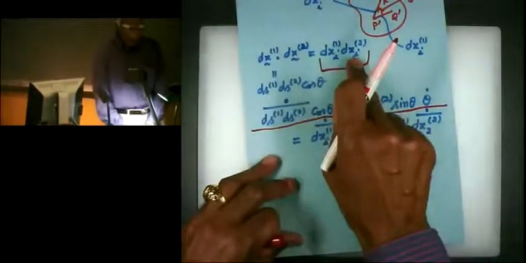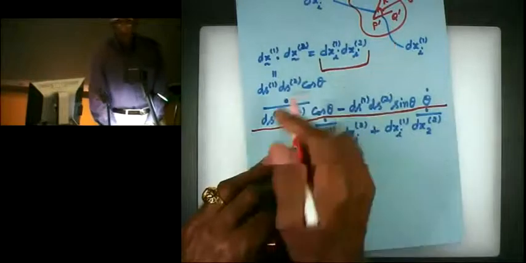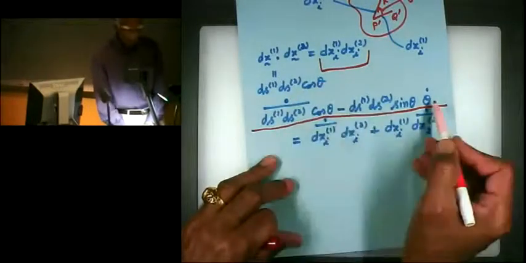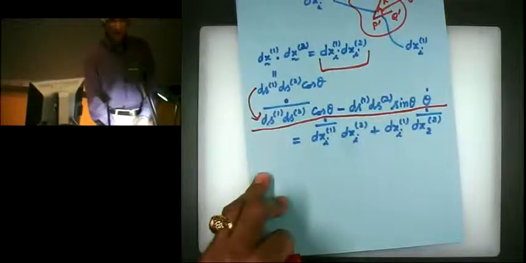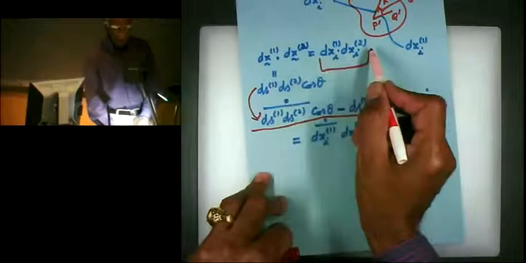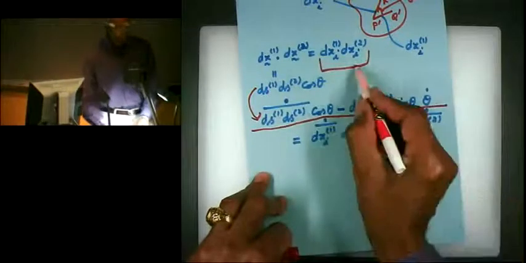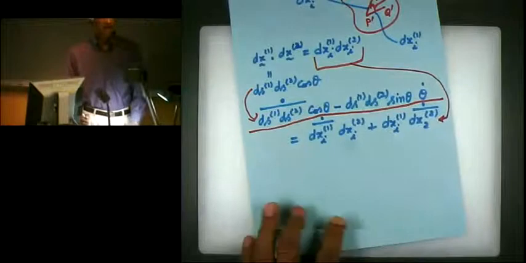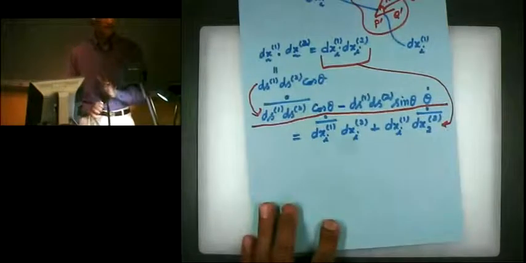So first I differentiated this one. That is the top line. Now I'm differentiating this quantity, and that is these two. Did I confuse you? A equals B, so A dot equals B dot.